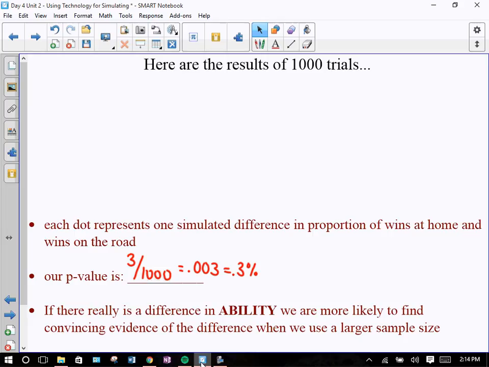Now I would use that p-value to draw my conclusion. In all of our cases, our percents are very small. So we reject our null hypothesis because there is convincing evidence to support our alternative hypothesis.